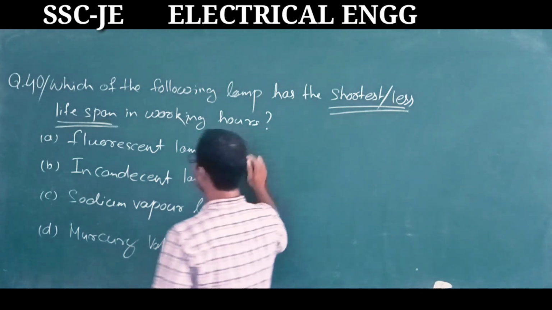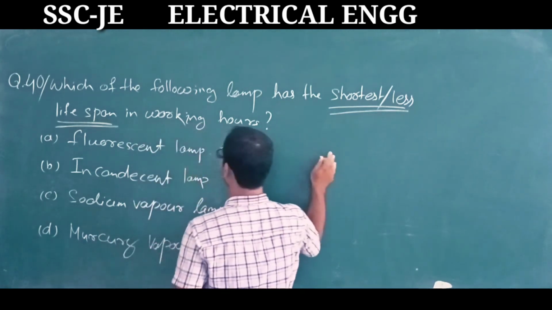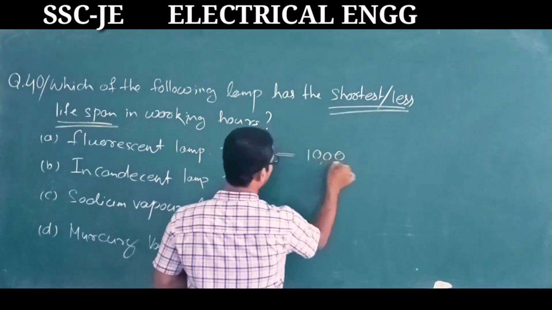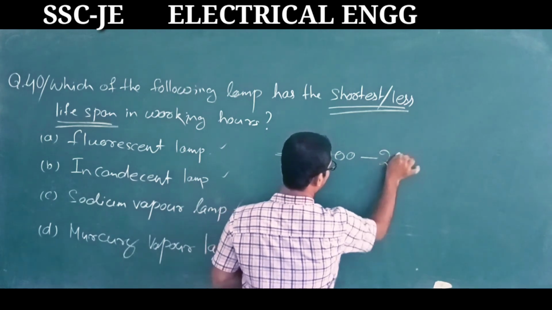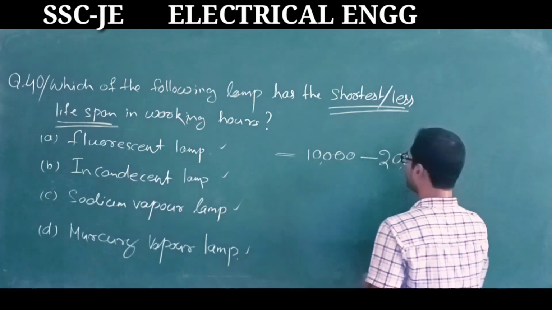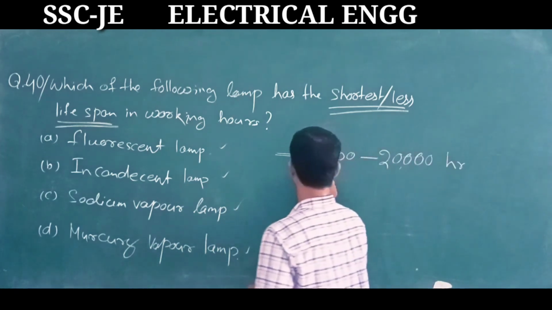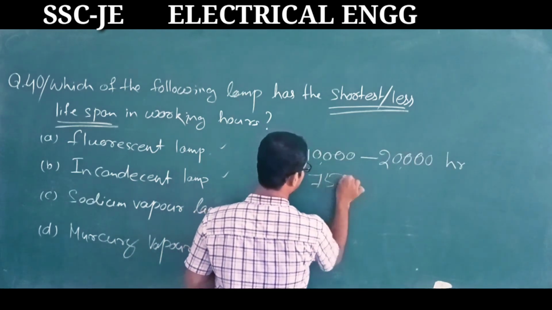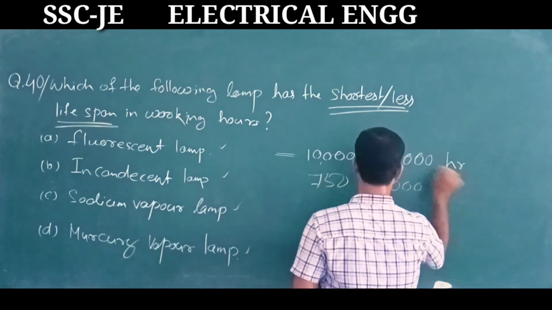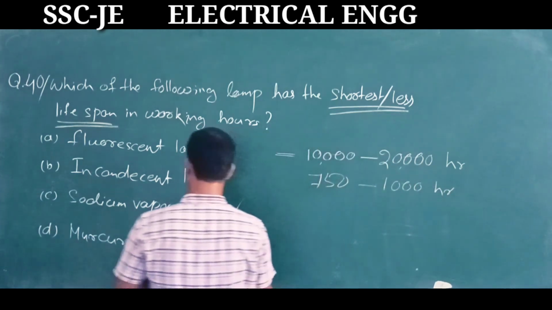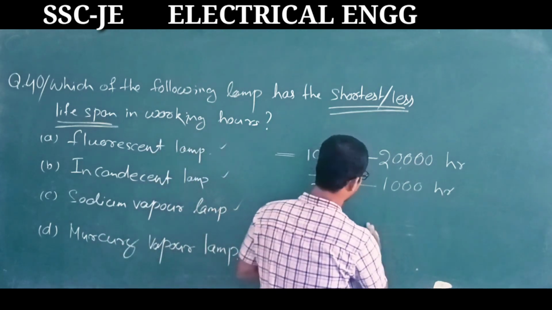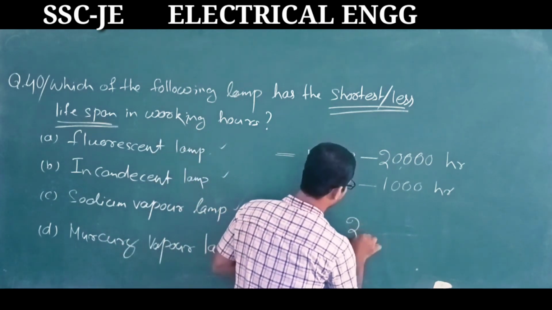From the data we can find that the fluorescent lamp is around 10,000 to 20,000 working hours, and the incandescent lamp is around 750 to 1000 working hours. The sodium vapor lamp and the mercury vapor lamp also have working hours of around 20,000.